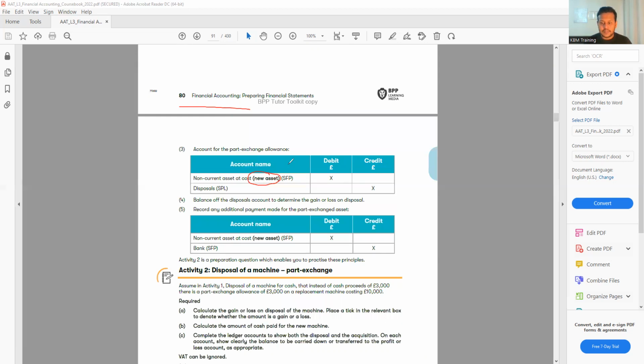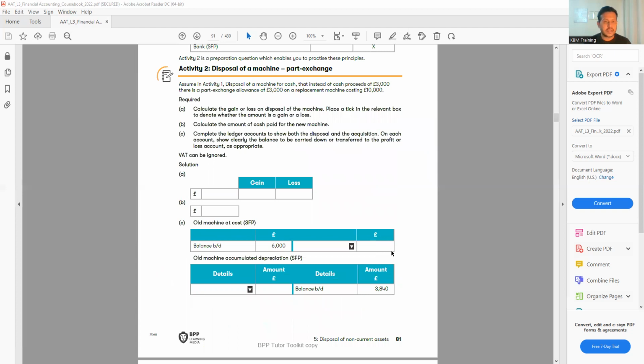Okay, let's do one example. Let's see if we can understand this. Activity 2. Disposal of a machine, but this time it is part exchange. Assume in activity 1, disposal of a machine for cash, that instead of cash proceeds 3,000, there is a part exchange allowance 3,000 and a replacement machine cost 10,000.